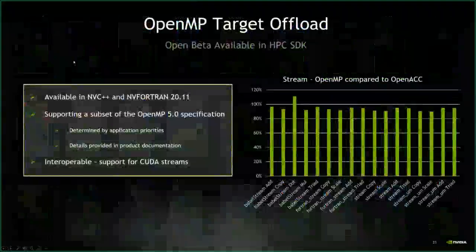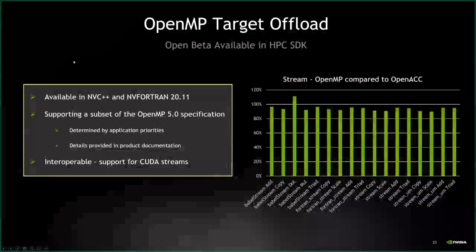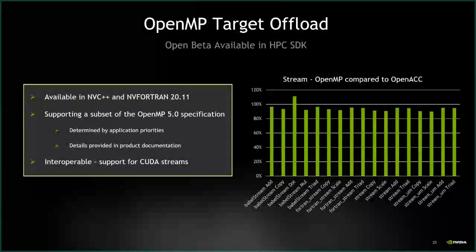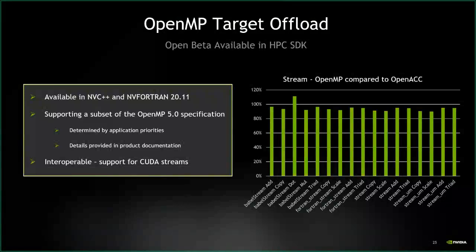Now, OpenMP is the new kid on the block for GPU accelerated directives programming. We did just release our open beta support in the HPC SDK. That was in our 20.11 release. I think it shouldn't be a surprise to Argonne users that we're implementing a subset of the OpenMP 5.0 specification.